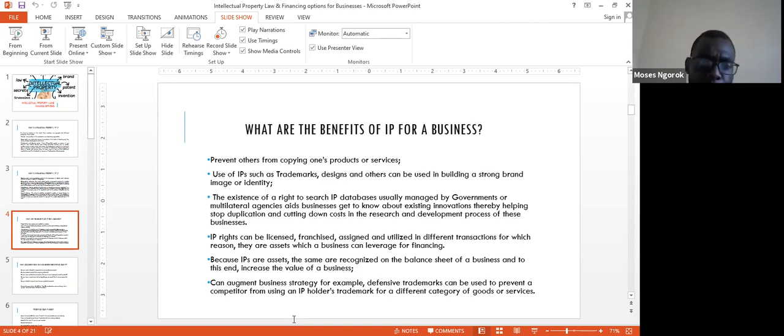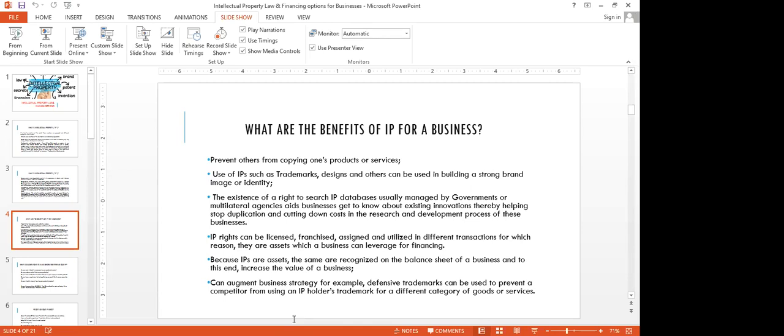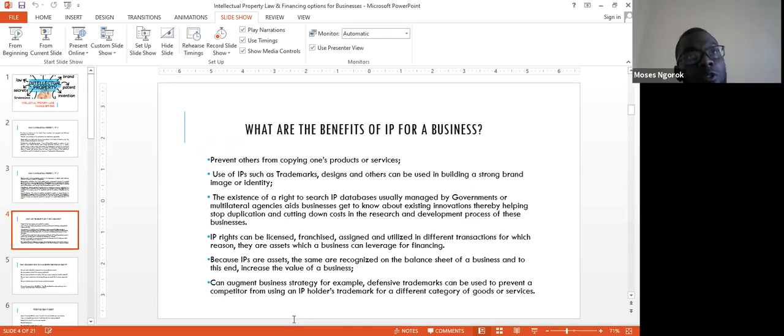And the next thing is the existence of a right to such intellectual property. Since the government or intergovernmental organizations like the World Intellectual Property Organization and the Africa Regional Intellectual Property Organization that's based in Harare register these intellectual property, by doing a search you're able to quickly learn as an entrepreneur.